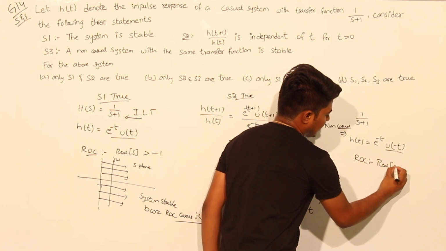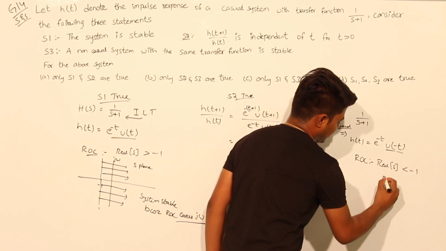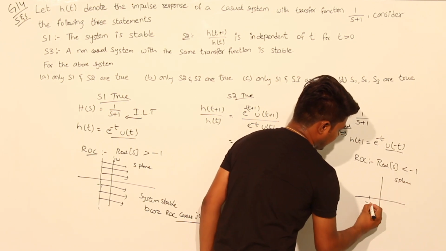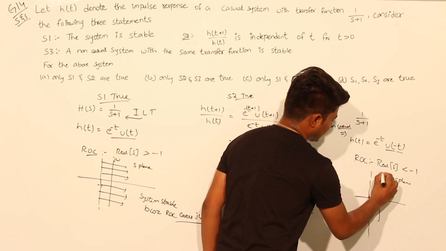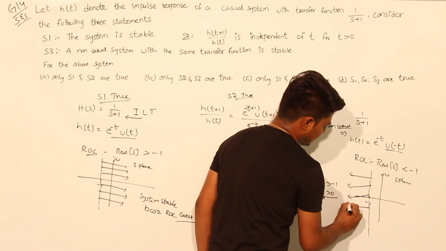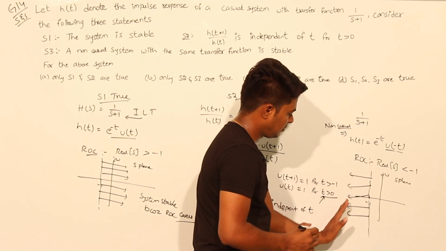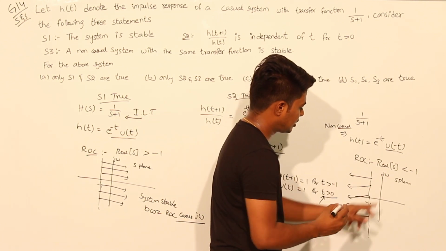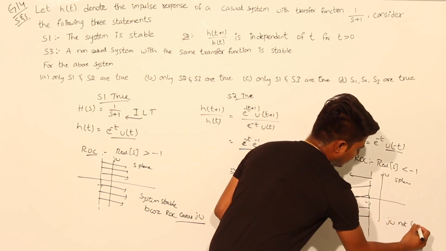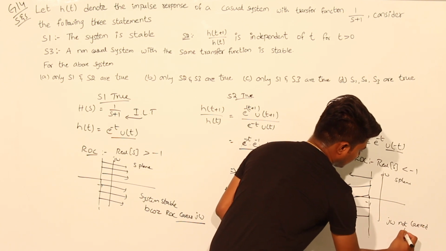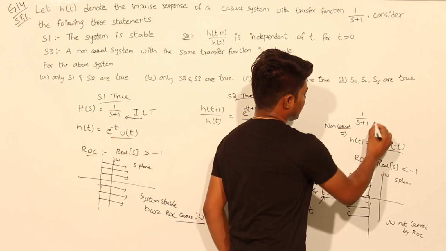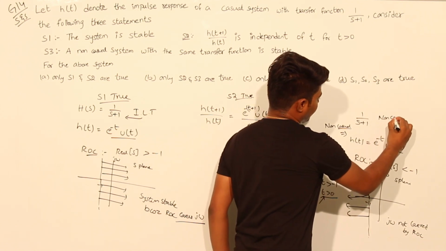real part of s is less than minus 1. If you draw the diagram with respect to the s plane, this will be the minus 1 axis, and this is j omega. The ROC will go to the left of minus 1, which does not cover j omega. Here j omega is not covered by the ROC.